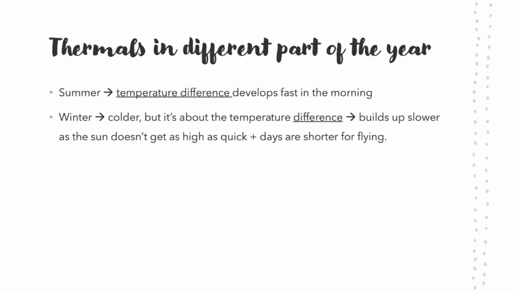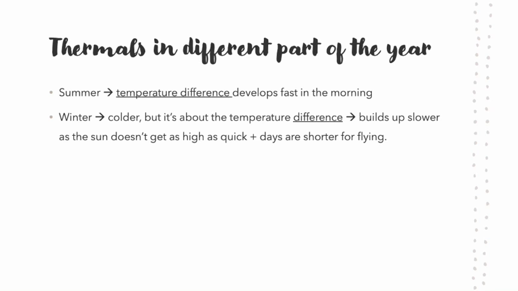The sun rises faster and gets straight above the landscape quicker here in the flatlands, which means the energy a field gets builds up a lot faster in the morning, and that difference in temperature is what we need to get thermals going. In winter, while it's colder, you still get a temperature difference.